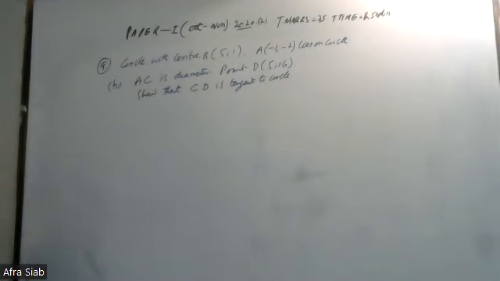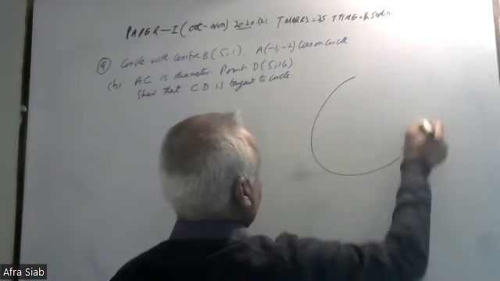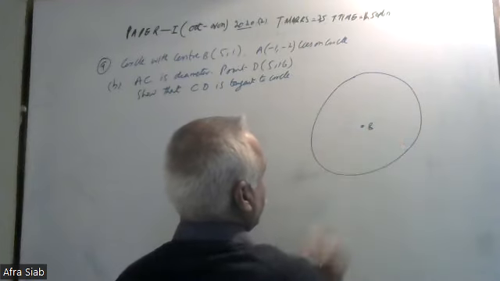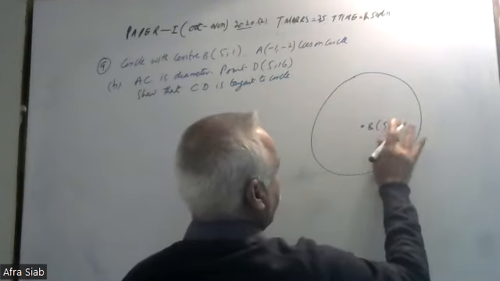Part b. AC is a diameter of the circle. Point D is there, 5, 16. Show that CD is a tangent to the circle. Now let's say this is a circle with the center B with the coordinates 5 and 1.